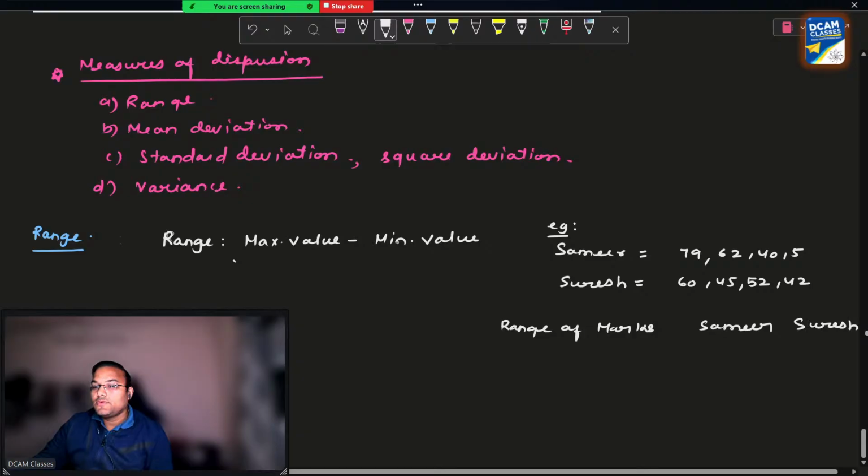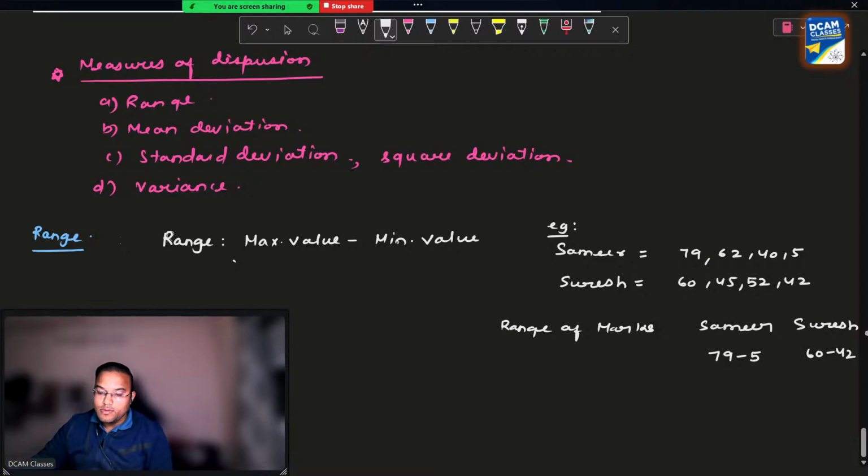So, what is the range of marks for Samir? It is 79 maximum minus minimum. For Suresh, it is 60 minus 42. This is 74. This is 18.